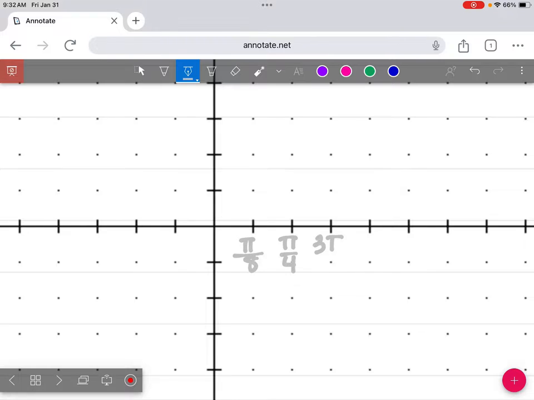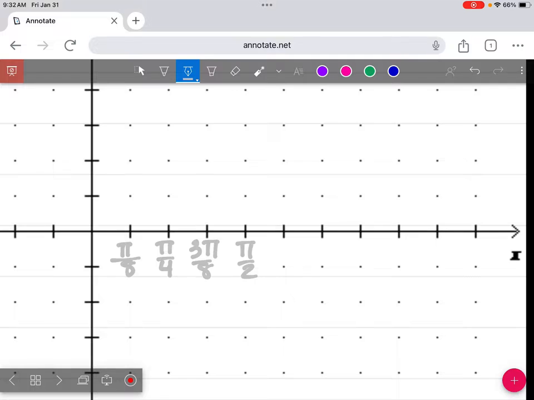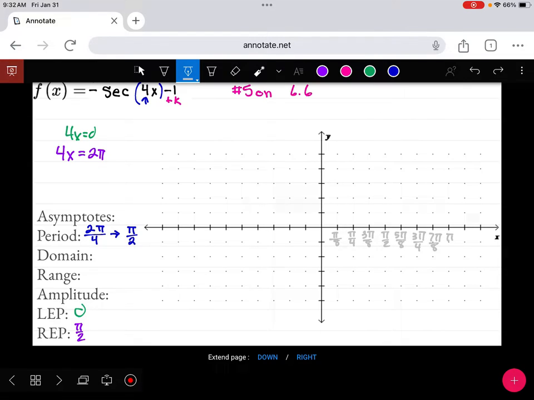Here's 3 pi over 8. Here's pi over 2. And we're going to have our 5 pi over 8. 3 pi over 4. 7 pi over 8. And pi. So it's 8 units to a pi is what we're doing.